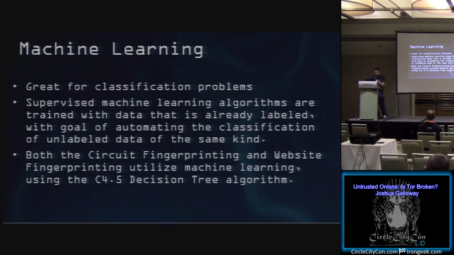Once you provide additional data, it can categorize it from the clusters that it recognizes from the data that was already labeled. The machine learning algorithm that was used is the C4.5 decision tree algorithm. If you know what that is, that's what the research group used.